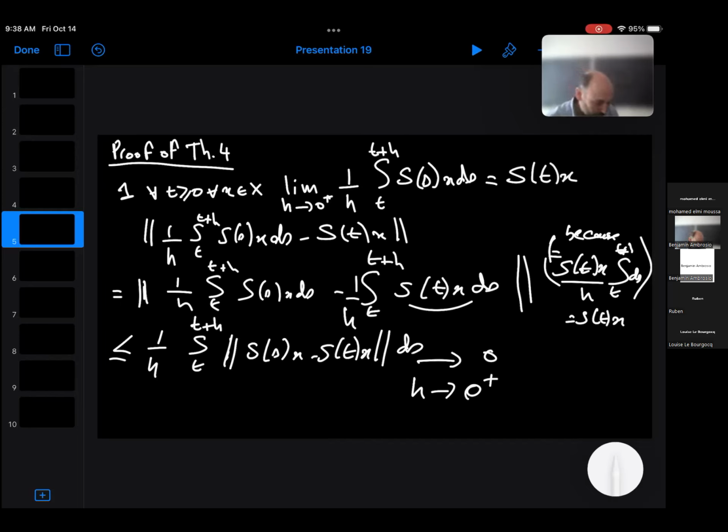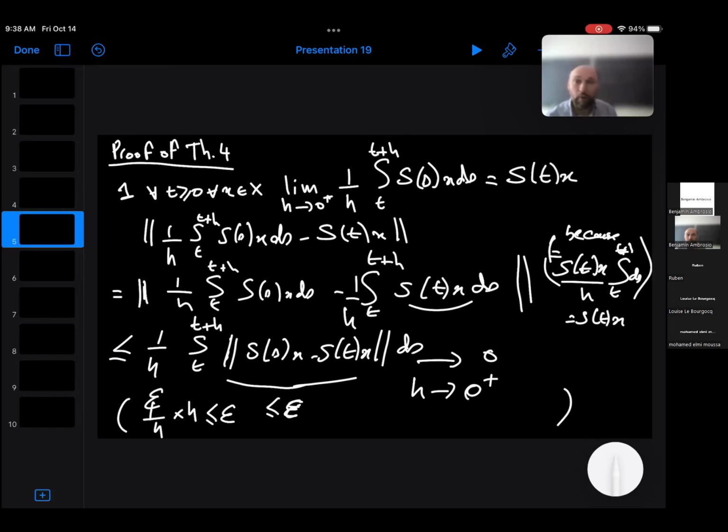And if you want the details, you fix any epsilon, and this quantity here can be made as small as you want if h is close enough to 0, and then you get that this is less than epsilon times h, which is less than epsilon.